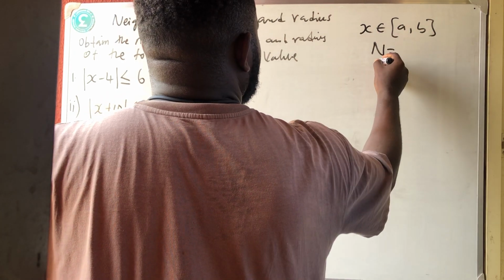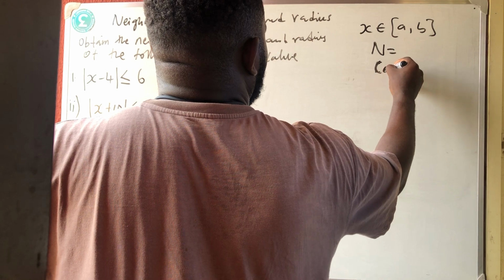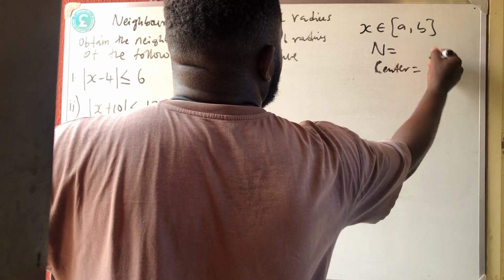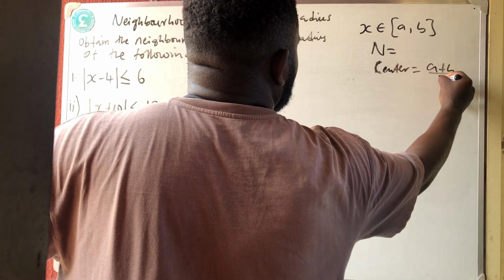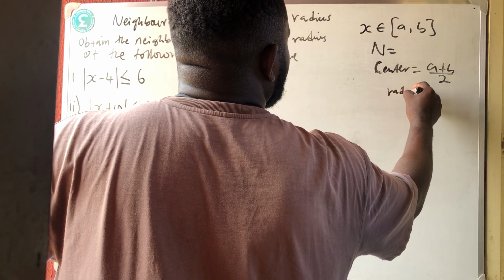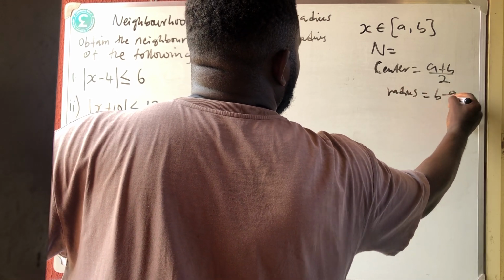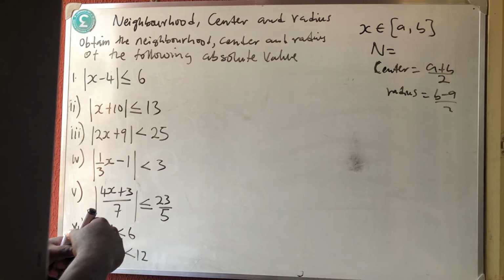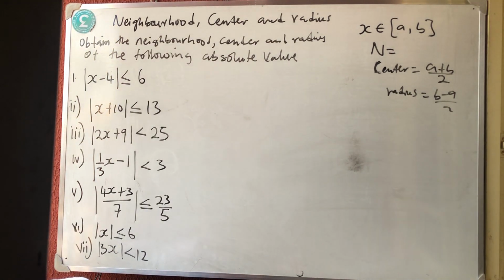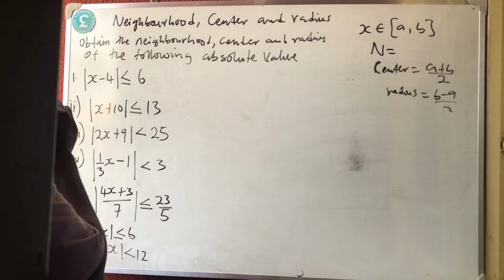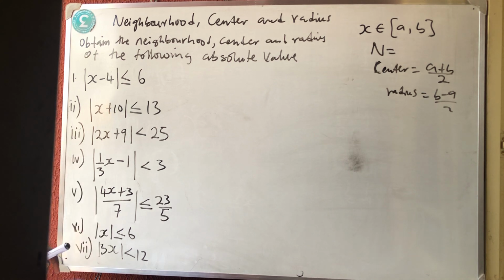Then to get the center is simply (a + b) divided by 2, while to get the radius is (b - a) over 2. As simple as that. So you need to know that. So, solution.